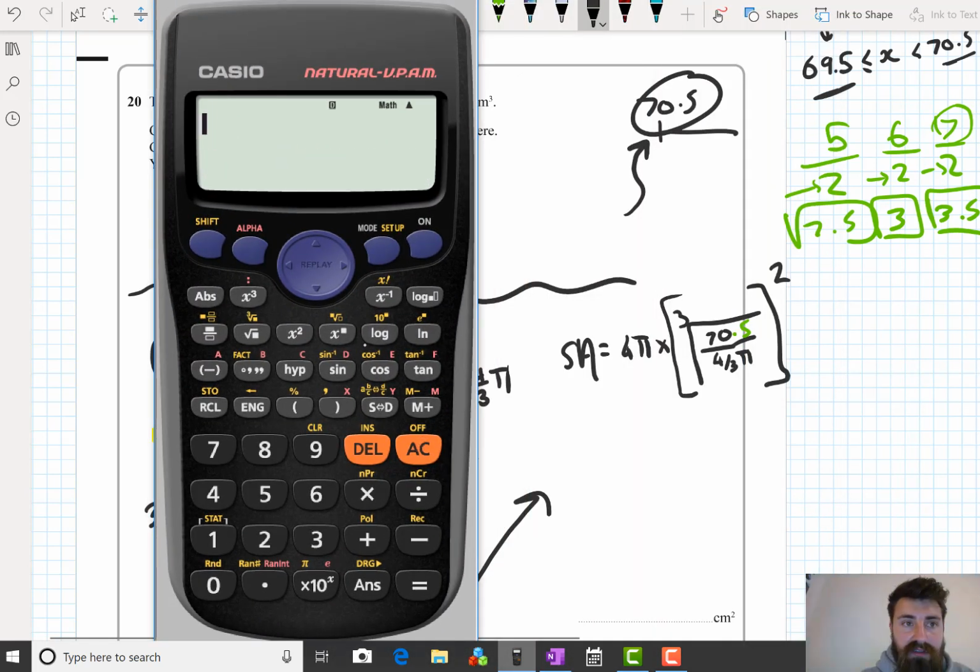4 pi times, and then we've got square brackets on here, the cube root of 70.5 over 4 over 3 pi. Oh, don't want that. Press right again.